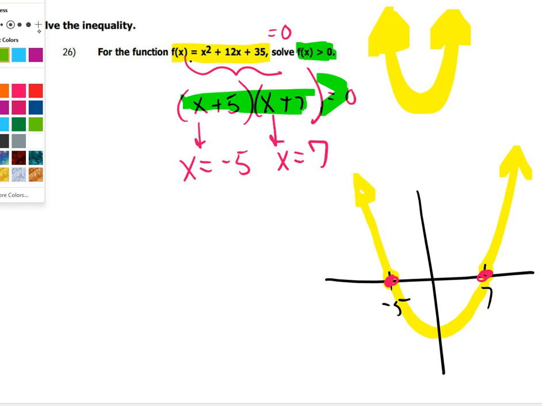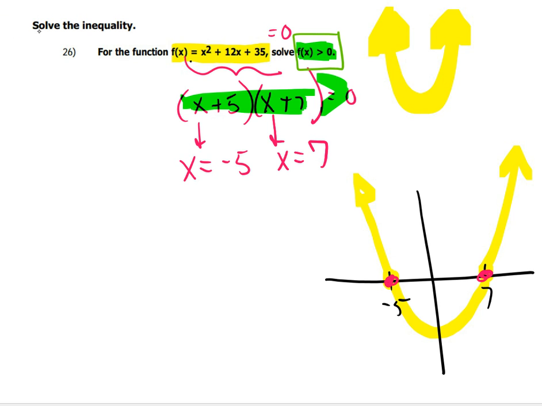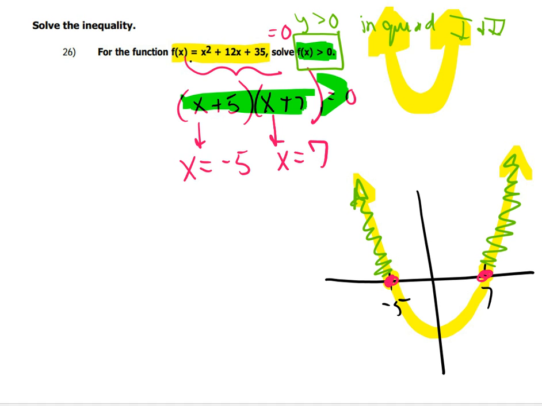Where are the y coordinates greater than 0? Where are the y coordinates that are positive? Y coordinates are always positive in quadrants 1 and 2. That would be here and here. Any of the points on that part of the graph have y coordinates that are greater than 0.